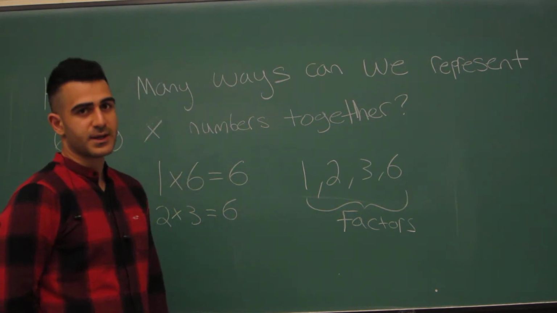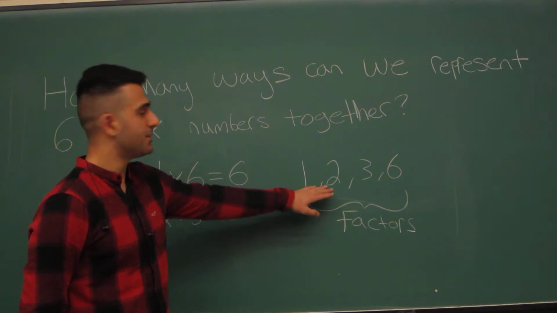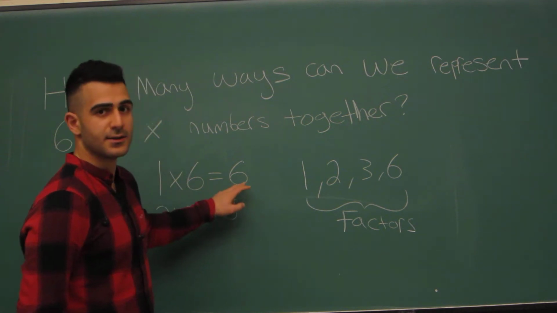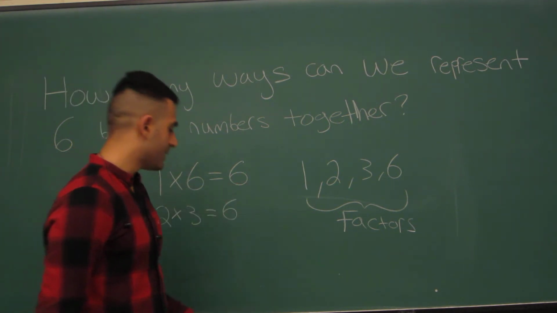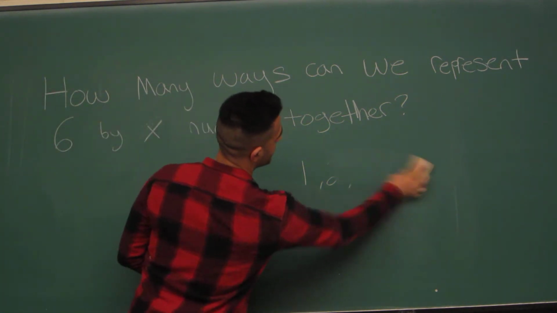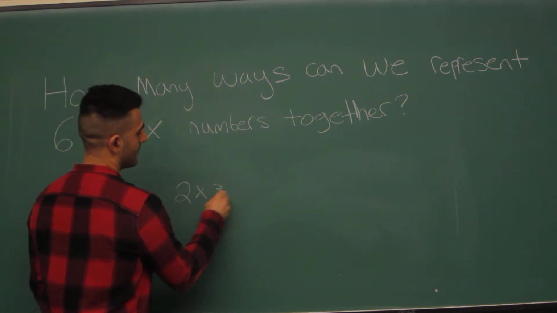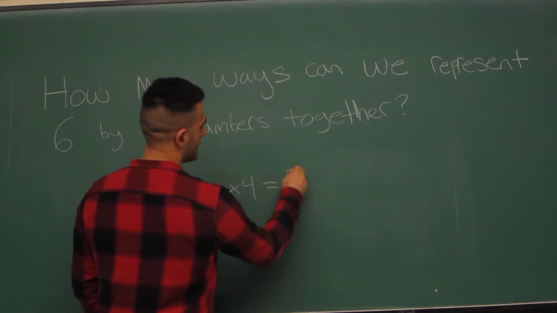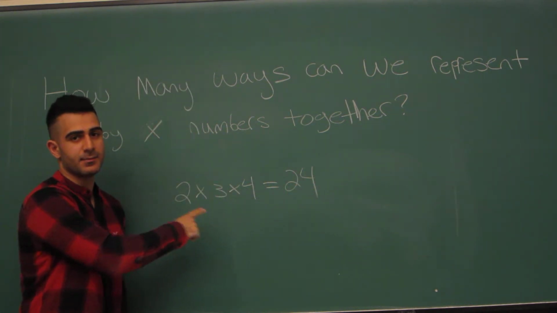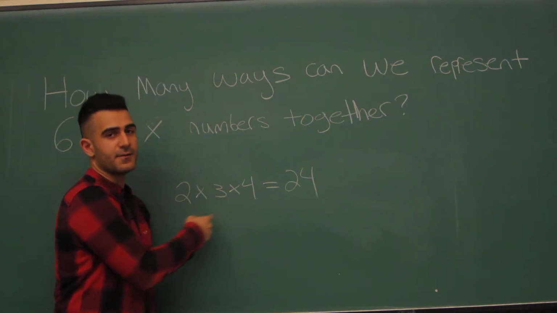And there's a few ways we can think of factors. One way is we can think of these as all the possible numbers that can be multiplied that give us 6. So if you take some combination of these, you can get the result of 6. And another way of thinking of it is the following. Anytime you have an expression where you're multiplying numbers together, the numbers that you're multiplying together are called the factors.